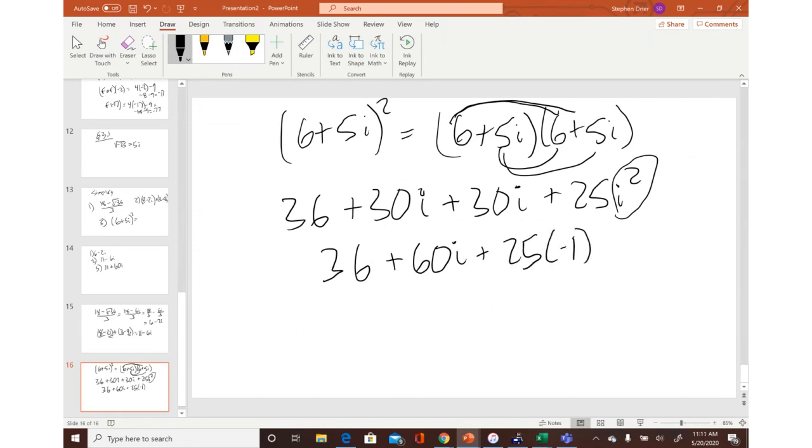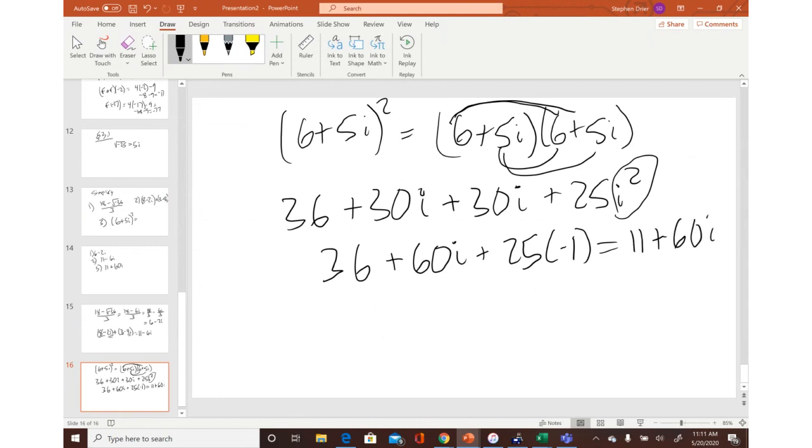So what you must know is the 30. This is 36 minus 25 is 11 plus 60i.